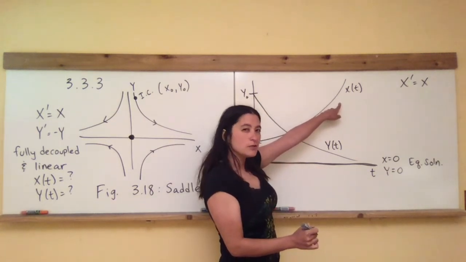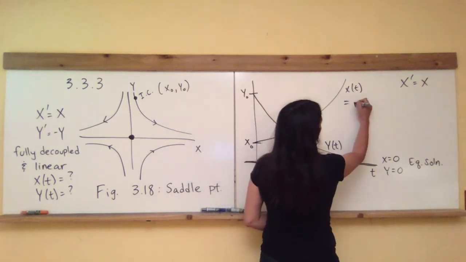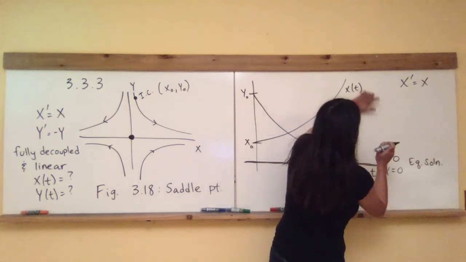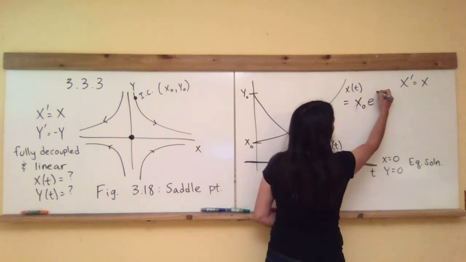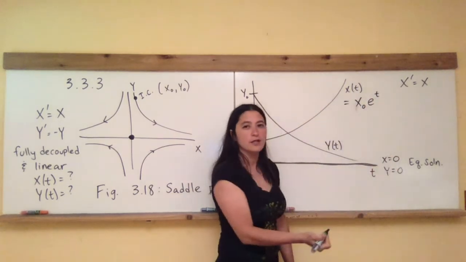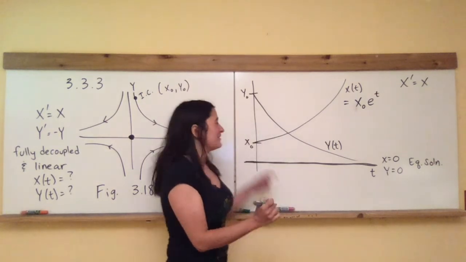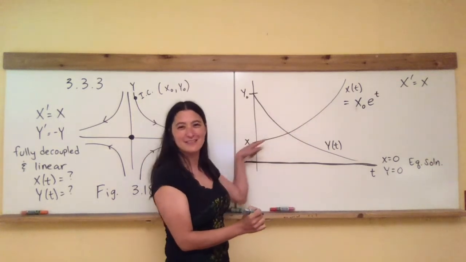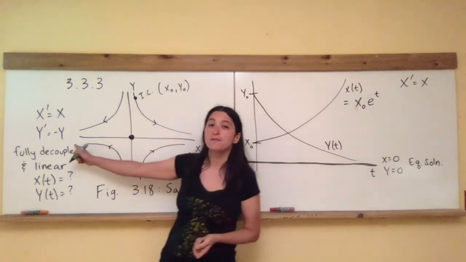It's a linear equation and the r is equal to 1, so x of t is the initial condition x naught times e to the rt, but r is just 1, so it's x naught e to the t. Yeah, I kind of knew that, so that's why I was drawing an exponentially increasing function. Same thing for y of t, because it's fully decoupled.